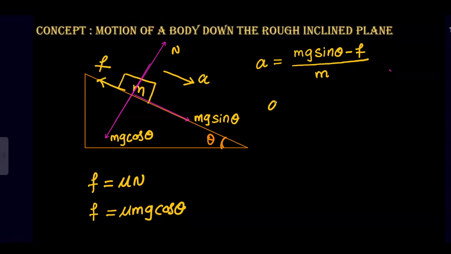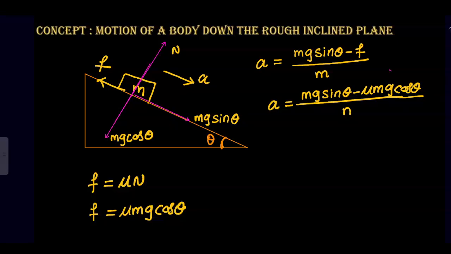Tell me now what I will get for this acceleration. Which is mg sin theta minus mu mg cos theta, divided by m. Yes, now m cancels. Yes, g outside. So g into what do I get?